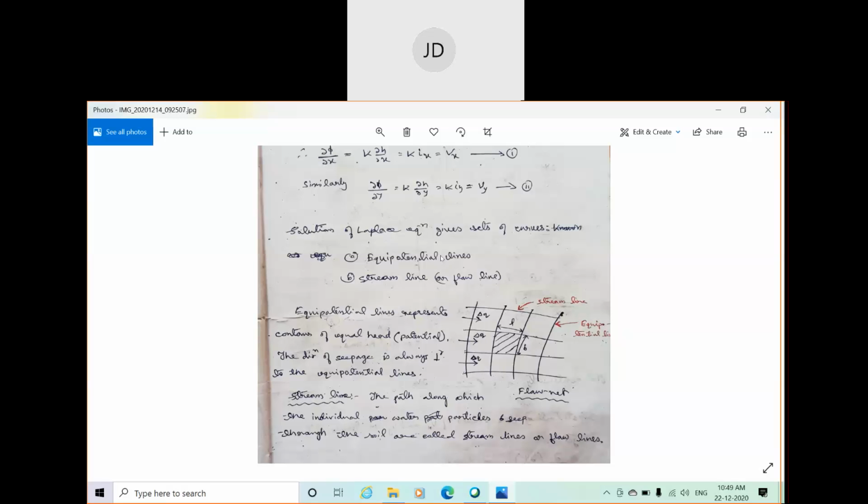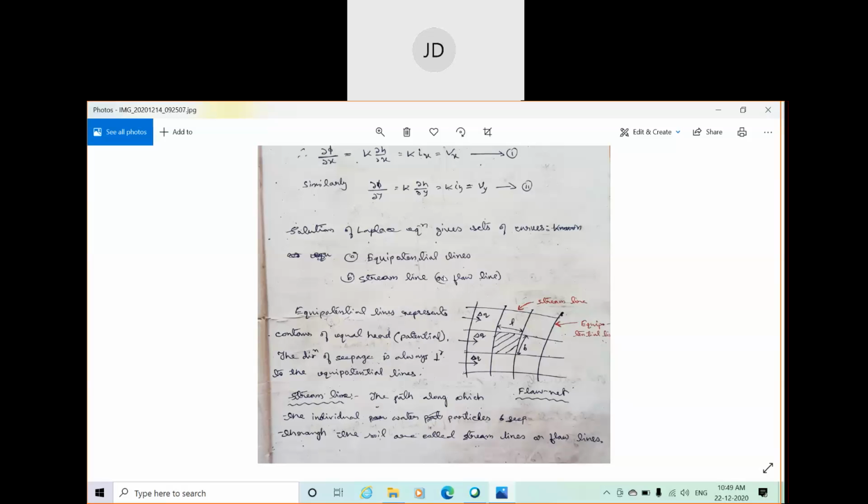Suppose a water tank is there having height 10 meter, and on this side a water tank is there having height 5 meter, and let's say we connect these two water tanks. I'm giving you just a very simple example. Then what will happen? Water flows from this tank to this tank, from higher to lower.